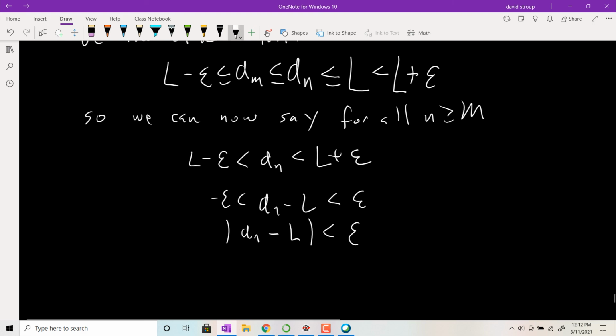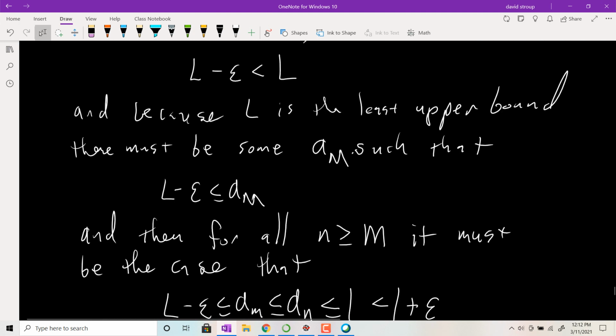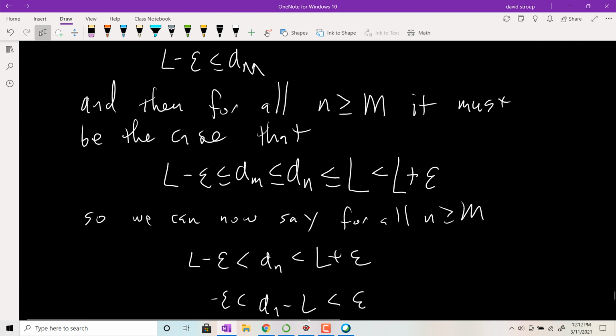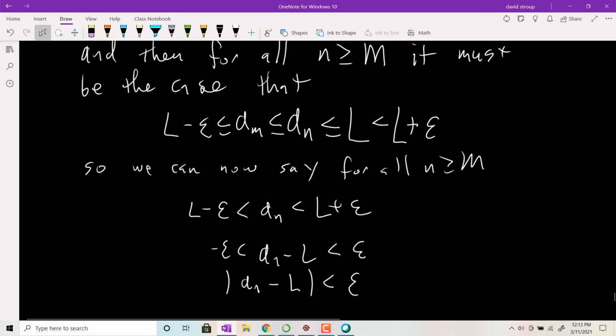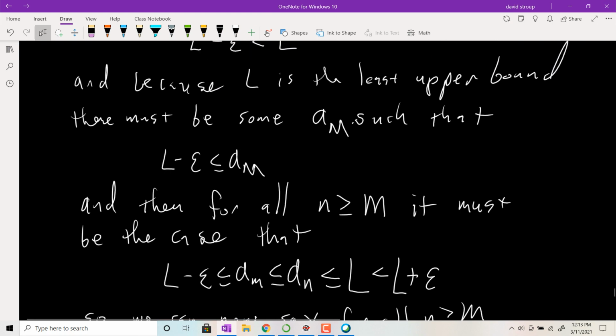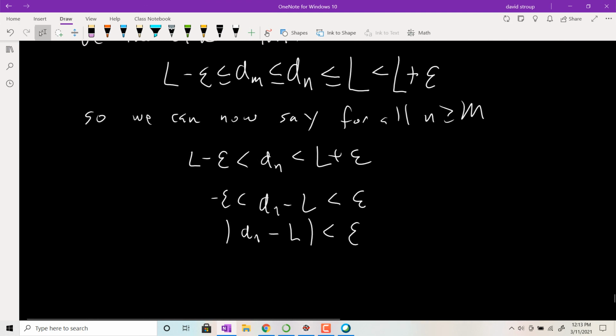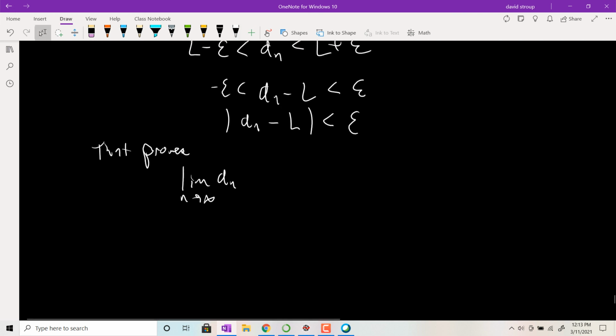So we've shown that for any epsilon you can imagine, you can build this inequality, presuming that your n value is greater than or equal to this big M value. And that's pretty much it. That proves the limit of a sub n as n goes to infinity exists, and therefore it's convergent.